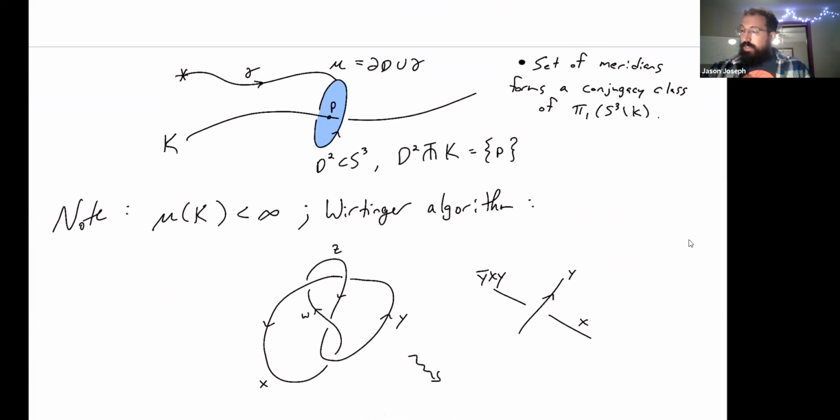At each crossing of the diagram, there is a conjugation relation. If you write down those generators and those relations, that gives you a presentation for the knot group.